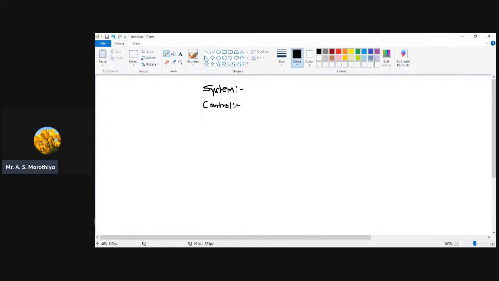And if you add the word control to the system, that means the system is capable of performing three functions simultaneously. The first one is called direction, the second is regulation, and the third is commanding.